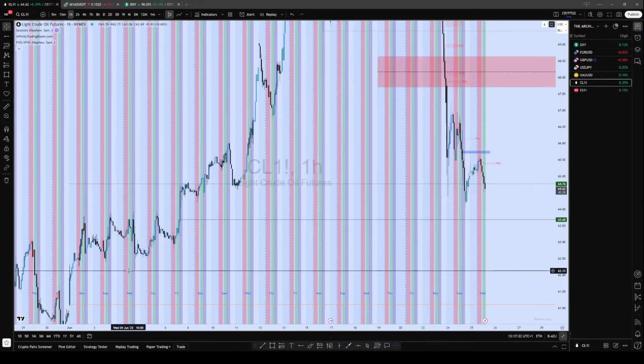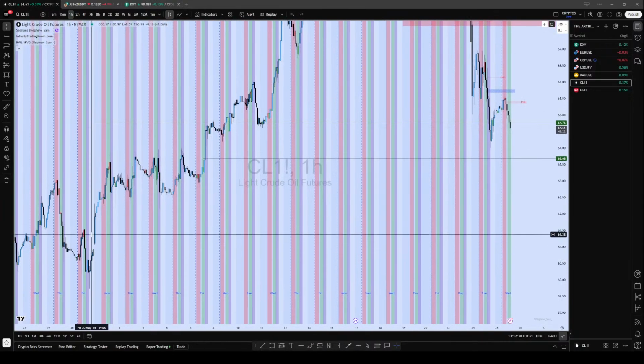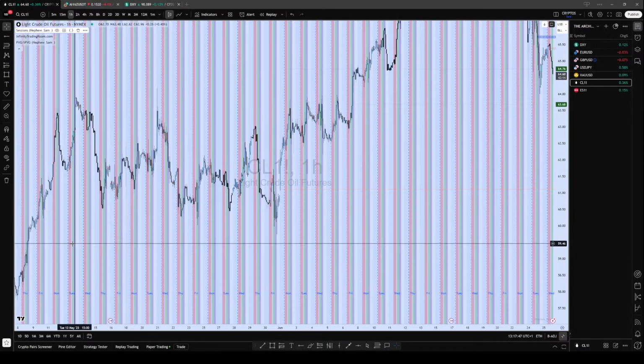It can continue going lower. If we trade through that level, we can accelerate and close in this gap, but this is a gap that formed in Asia, so not the best level for targeting. So the actual true target would be 59.34.